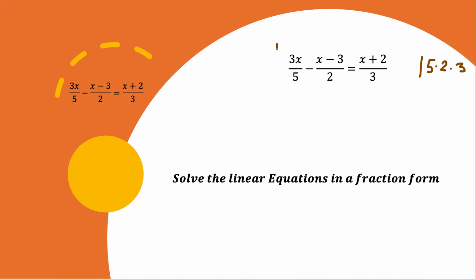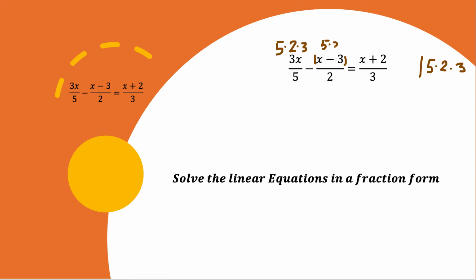If I multiply the whole equation by 5 times 2 times 3, every term of this equation I am going to multiply by 5 times 2 times 3, and this term here, I'm going to multiply by 5 times 2 times 3.